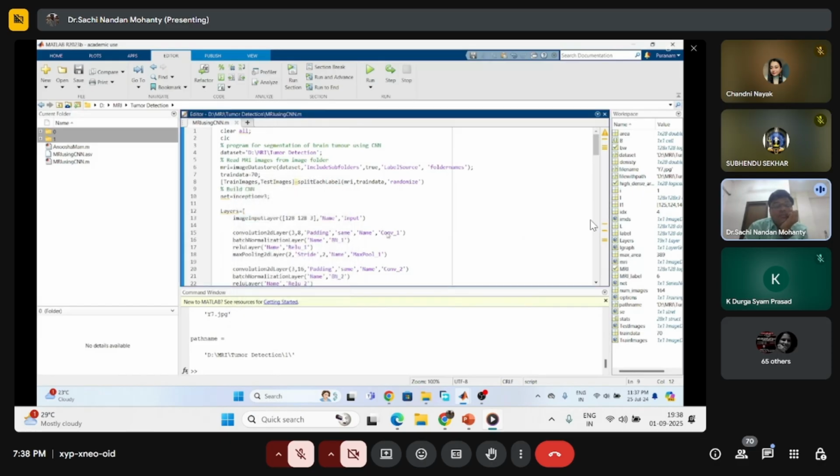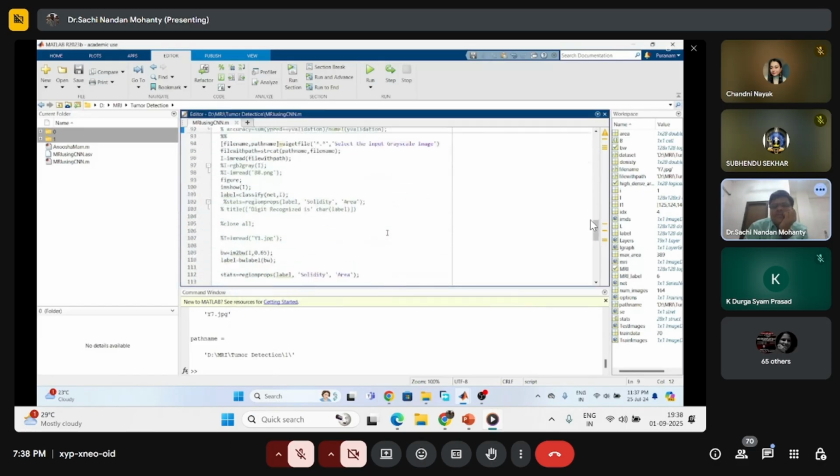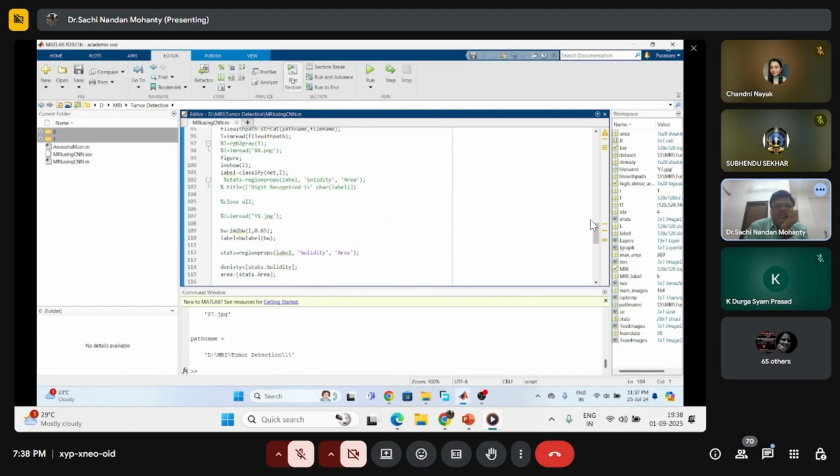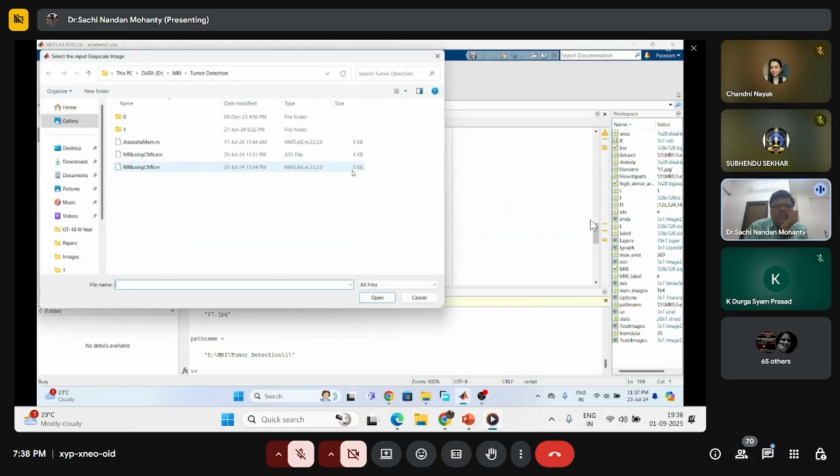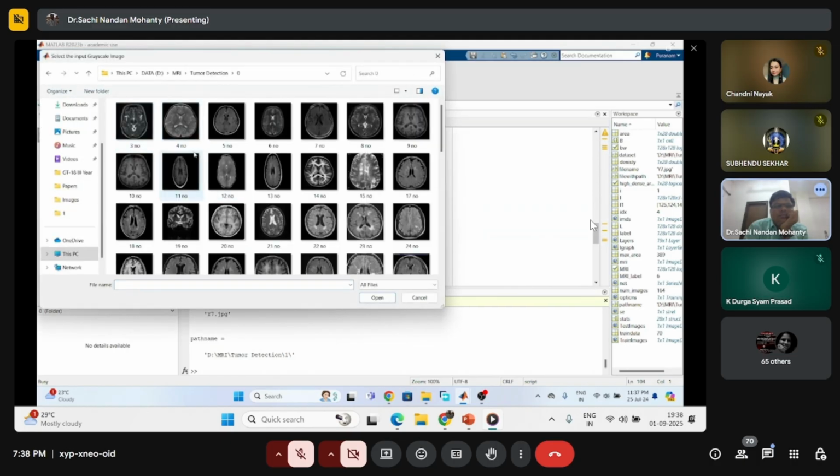Now suppose we run again, and let us take a non-tumor image. If we take some non-tumor image, 5 has no tumor.